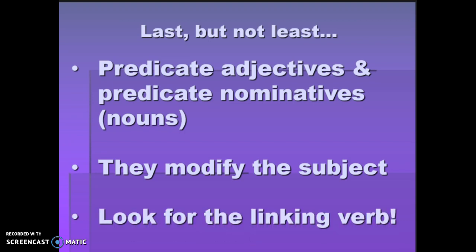And finally, these can only occur in sentences that have linking verbs, not action verbs. If it has an action verb, then you're going to possibly have a direct and an indirect object, but you're never going to have a predicate adjective or predicate nominative. Once it has a linking verb, then these could occur.